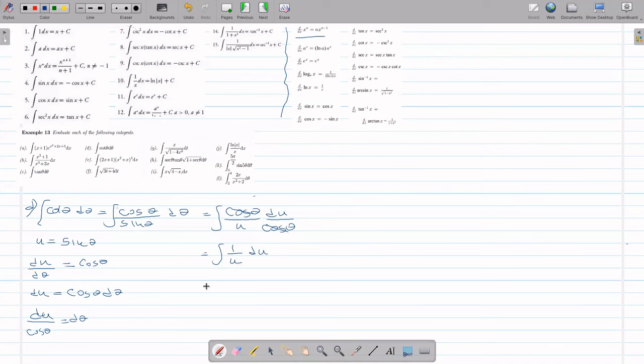Now integration of 1 over u is ln u. In the place of ln u here, I write sine theta, no? So it's ln sine theta plus c. Okay. Any questions? Yeah, I'll do one more before we stop.